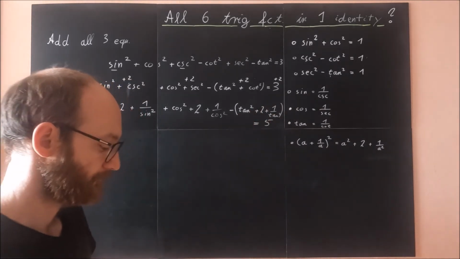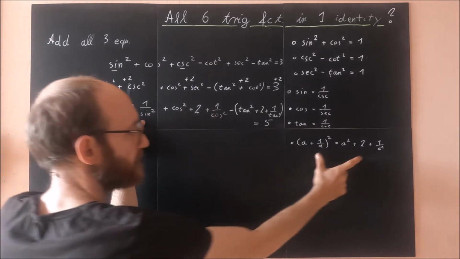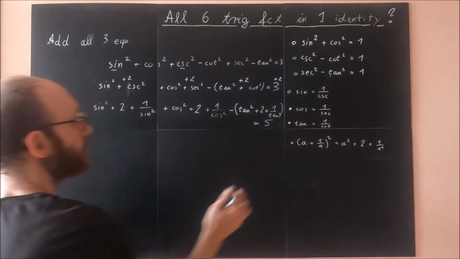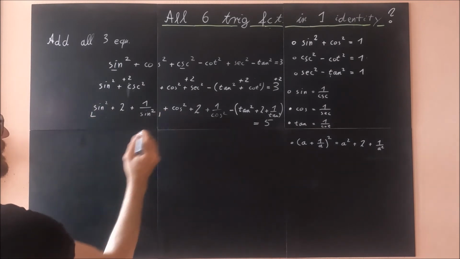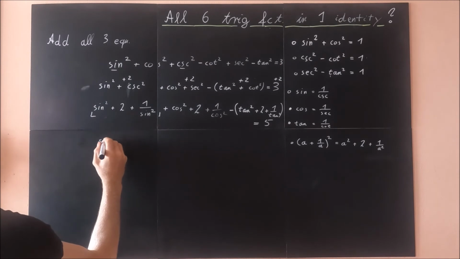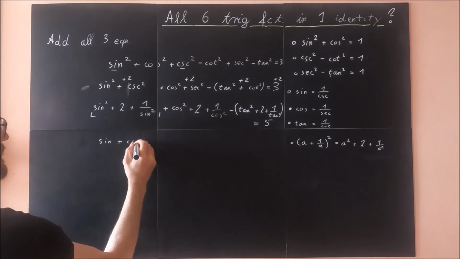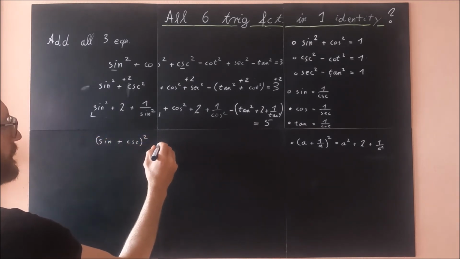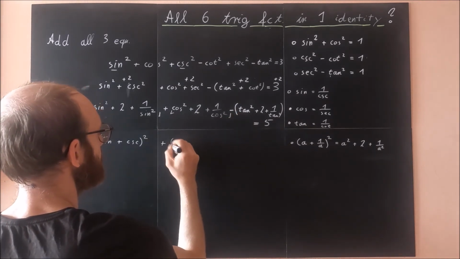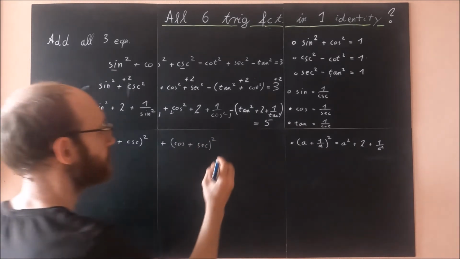Alright, and now you can see here we have exactly our binomial. So this part becomes sine plus cosecant squared, plus this part becomes cosine plus secant quantity squared.